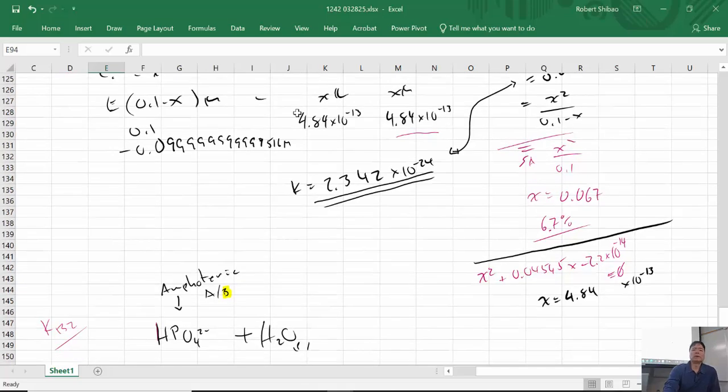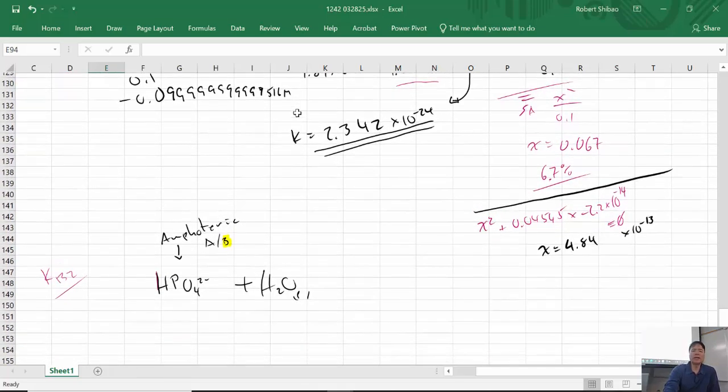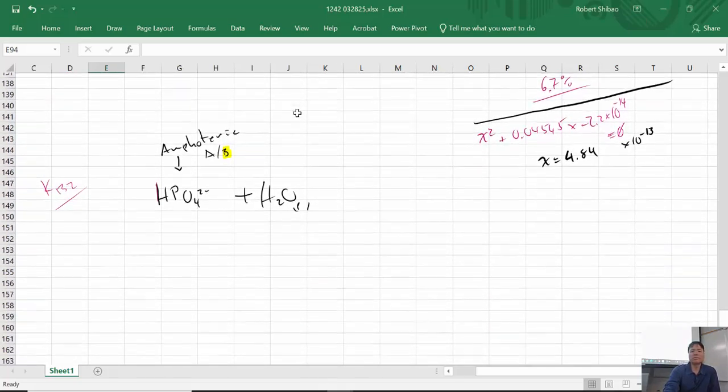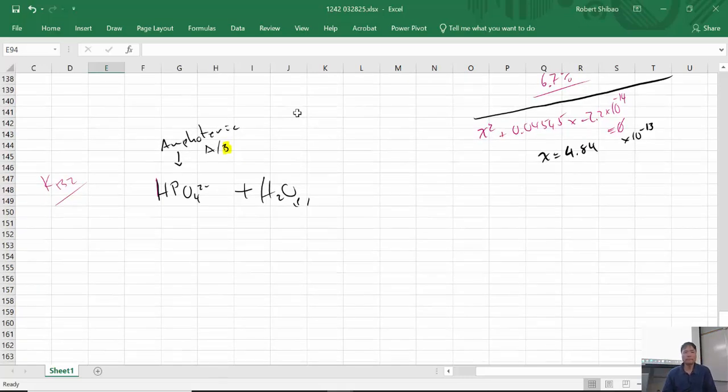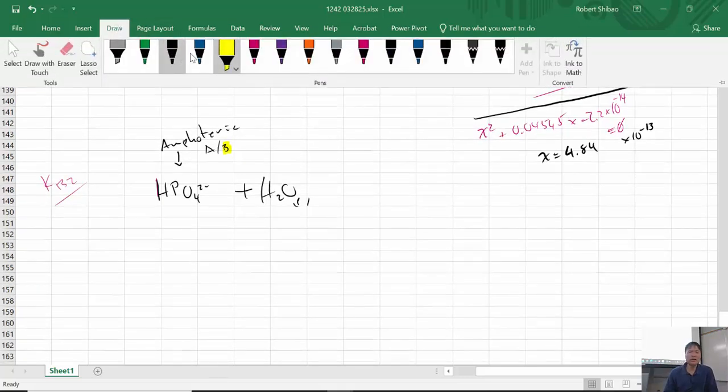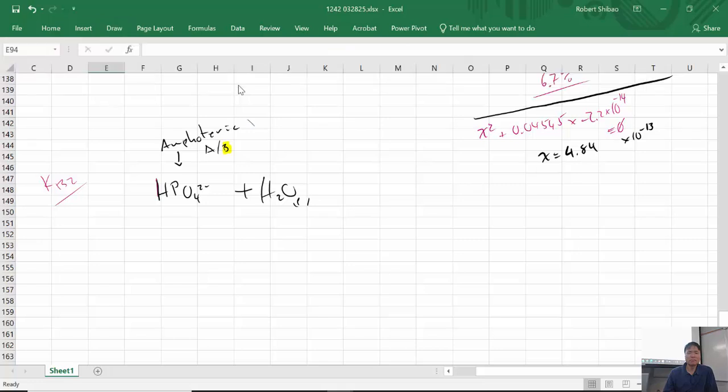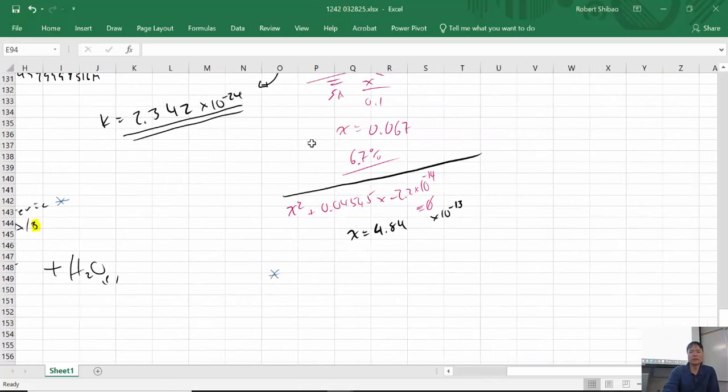Now, if it were alone, we handled this differently. If this were alone, we would treat it as amphoteric. And so let me put a little asterisk here. I'm going to write it over here on the left.